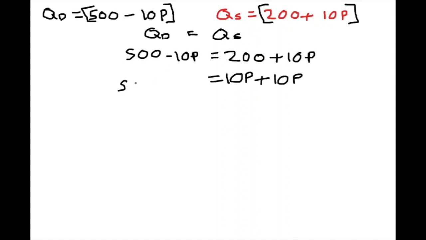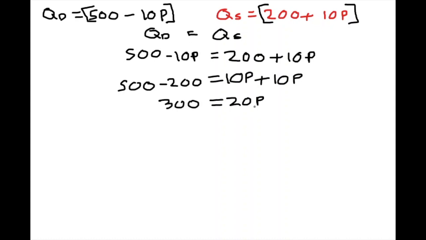I still have my 500 over here, but when I bring across my plus 200, it becomes a minus 200. So I've now rearranged my equation so that I have the unknown, the p's, on the right hand side, and the numbers on the left hand side. So 10p plus 10p gives us 20p, and 500 minus 200 gives us 300.